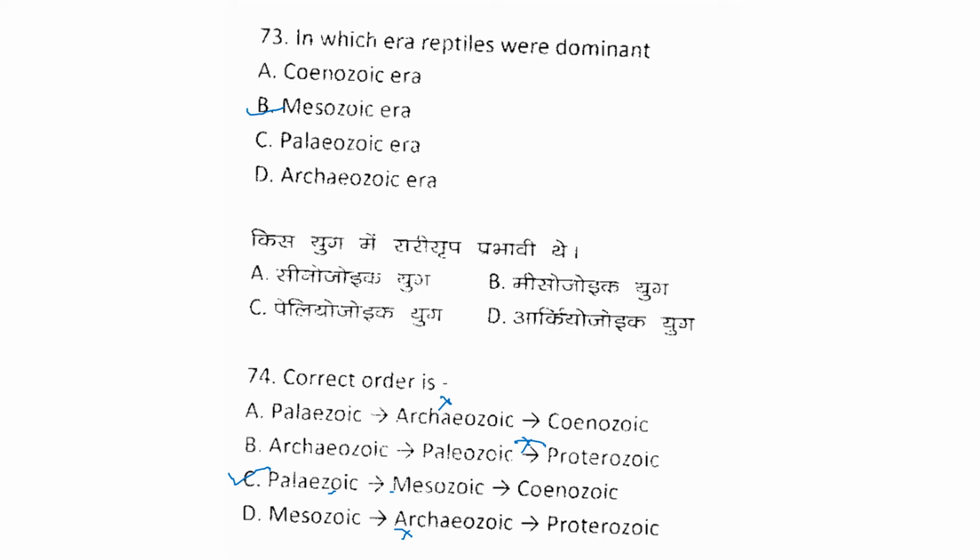So the first era was Azoic, where there was no life, and after that comes the Archaeozoic. Archaeozoic means the primitive life, and after that comes the Proterozoic.